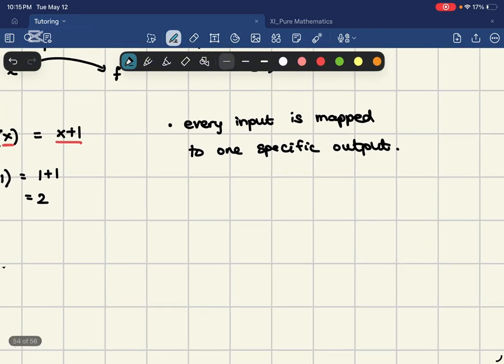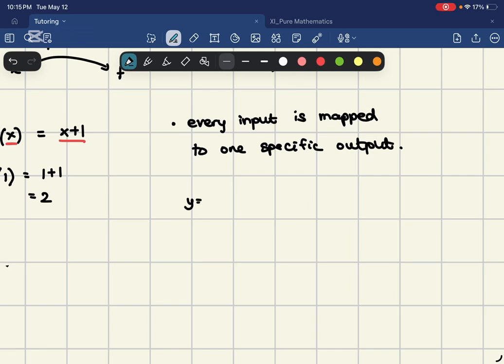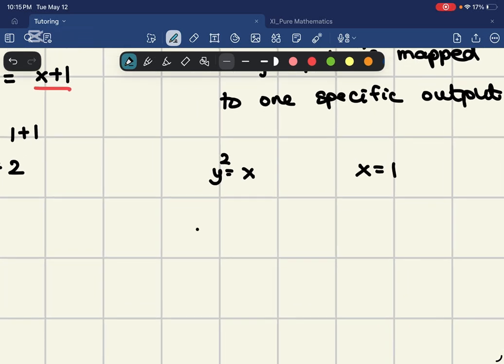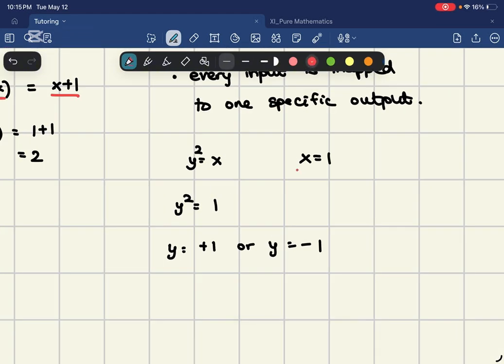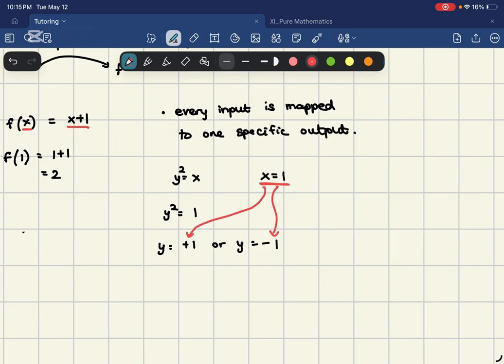If I have something like y squared is equal to x, if I have this equation, then suppose x is equal to 1, so y squared is equal to 1. Y can be plus 1 or y can be minus 1. So my input, which is x, is being mapped to y is 1, and it's also being mapped to y is negative 1. So my input is not being mapped to a specific output, it's being mapped to multiple outputs. So this is not a function.